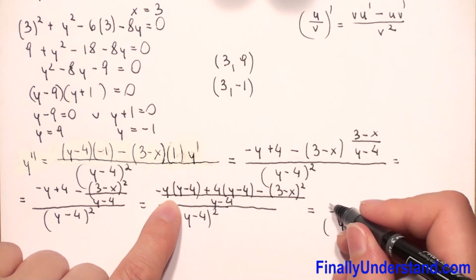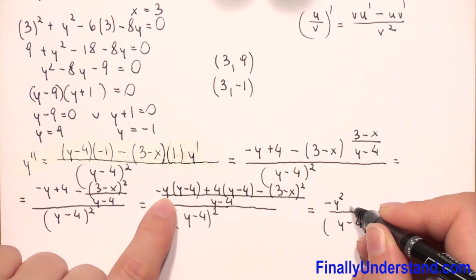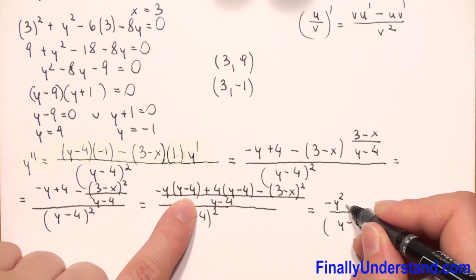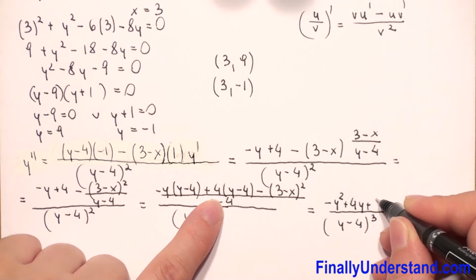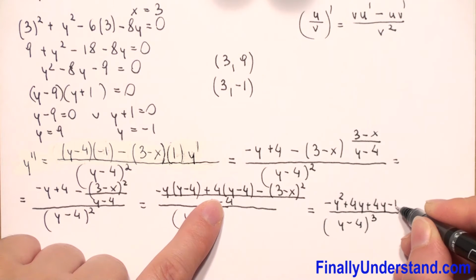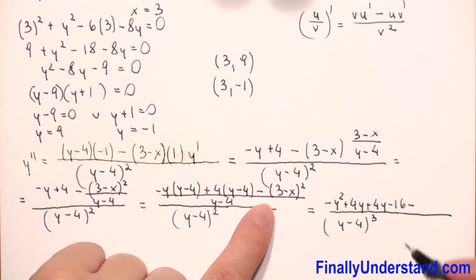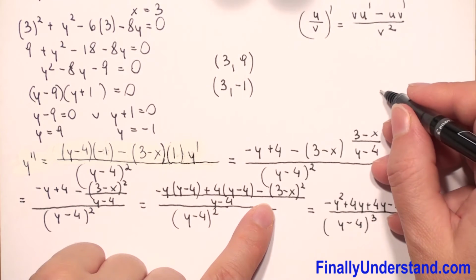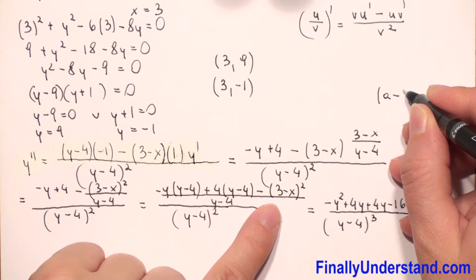And here we have -y times y is -y^2. Negative times negative gives positive, so it will be plus 4y plus 4y minus 16 minus, and we have to use the formula for the square of a difference.